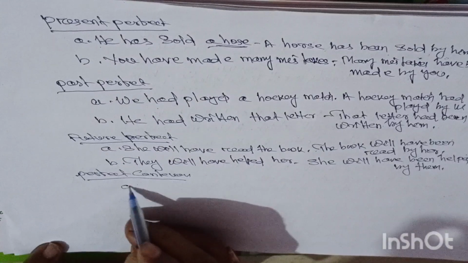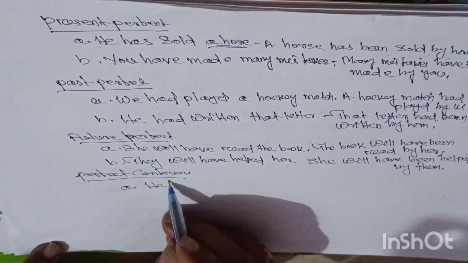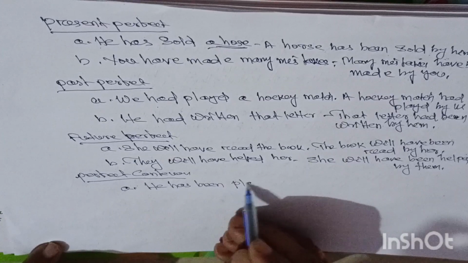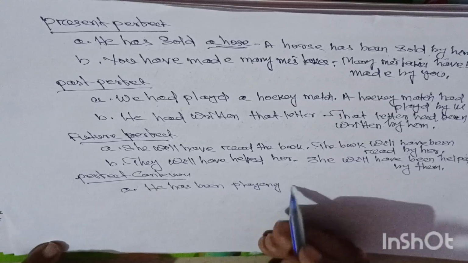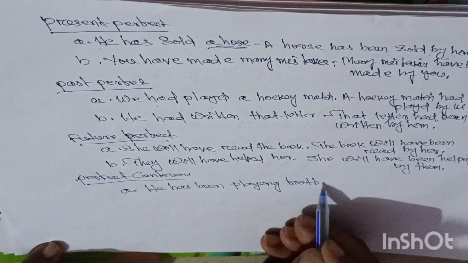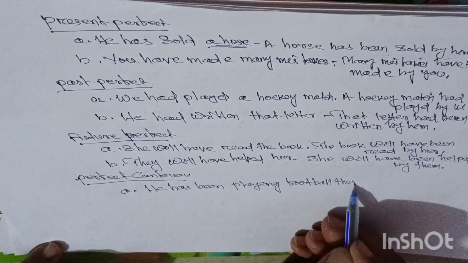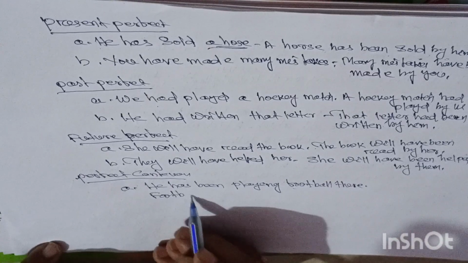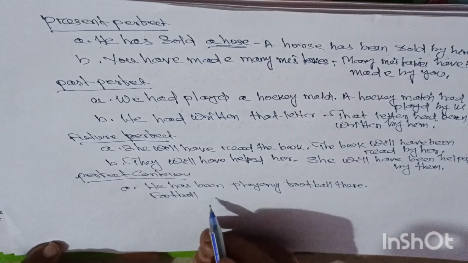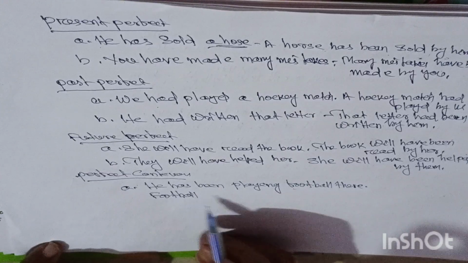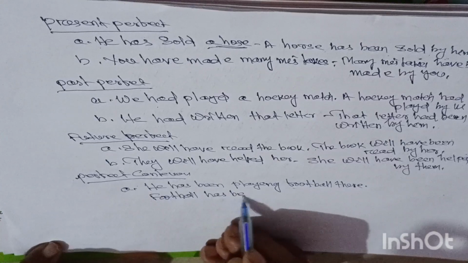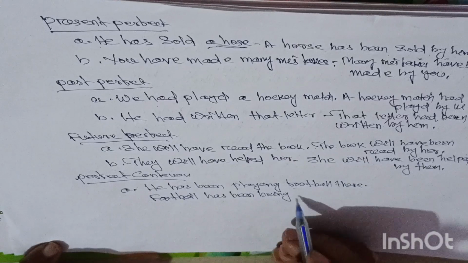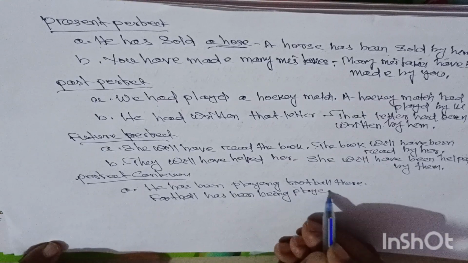Suppose one example is "he has been playing football there". Here the object is football, so football is used first. Then "has been" or "have been" is used. As football is singular here, "has been" is used. "Football has been", then "being" is added, then the past participle: "played by him".